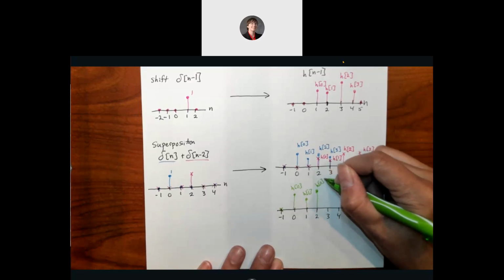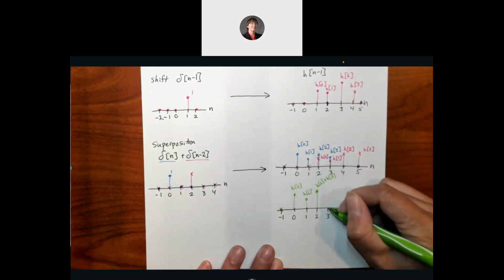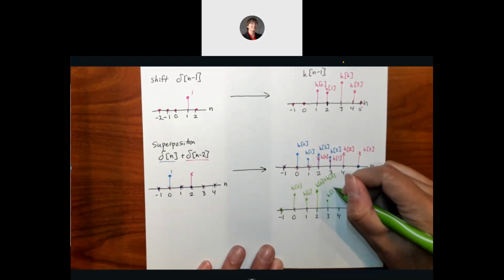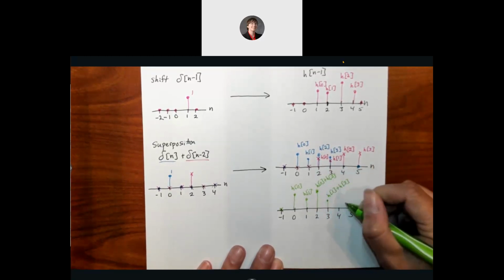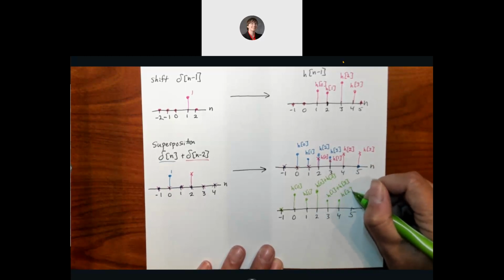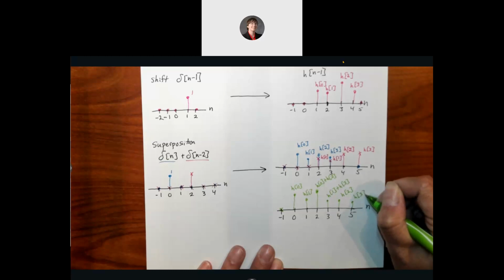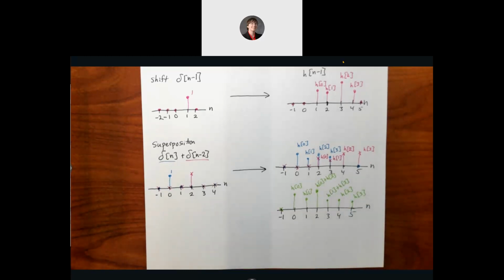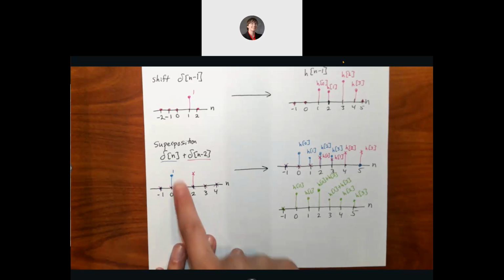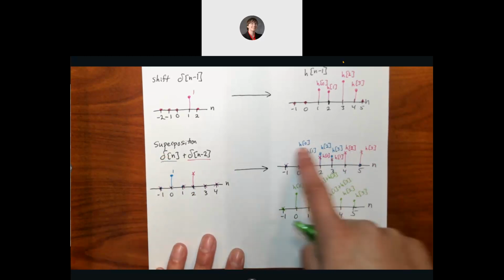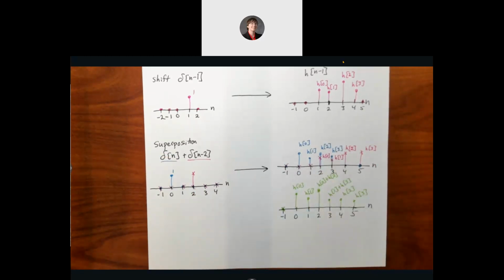At this point, we have a summation of h0 plus h2, h1 plus h3, and we have an h2 and an h3. All right, so just adding the individual responses together to get the overall response to that signal. And we could do the same thing if we have scaling, right? So if this was, say, 2 delta n, then we just multiply each of these individual outputs by 2.